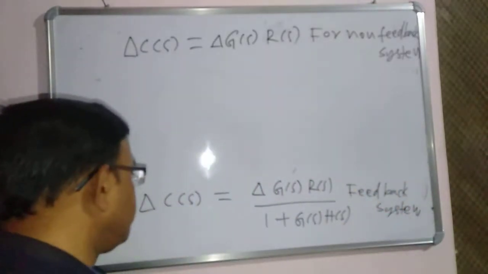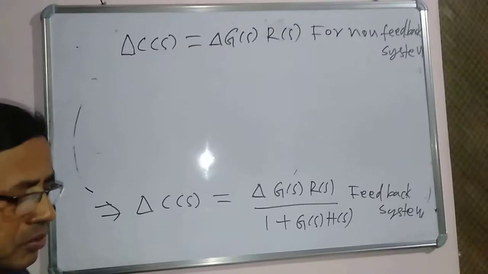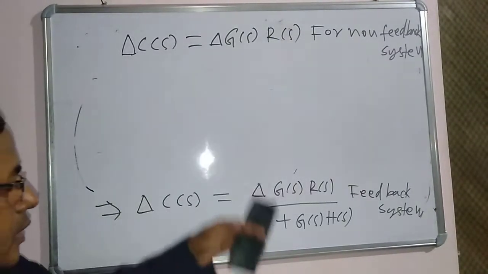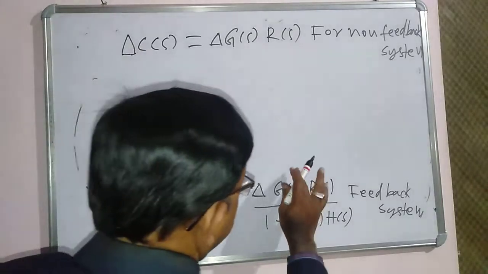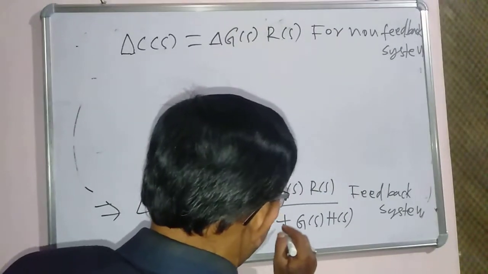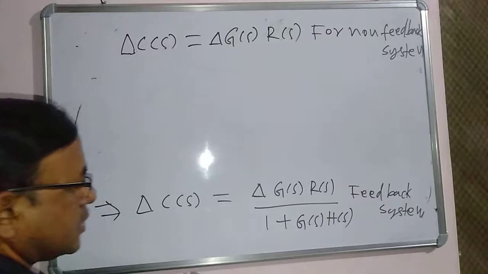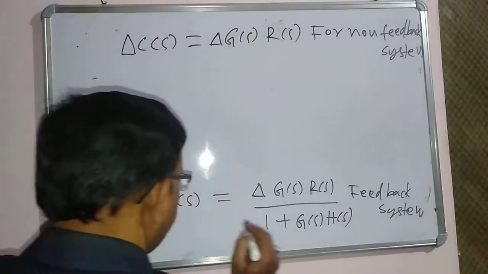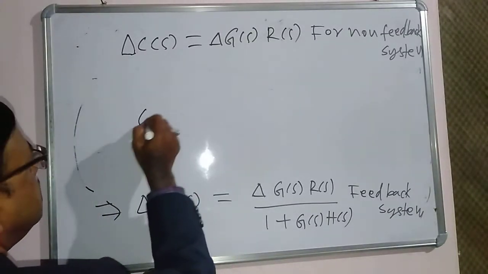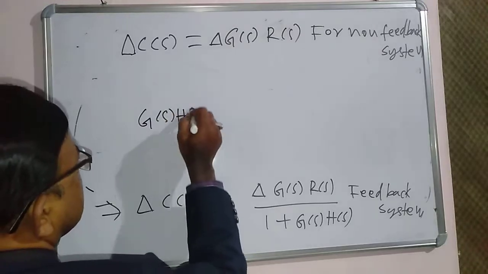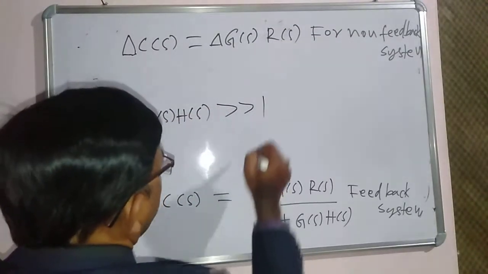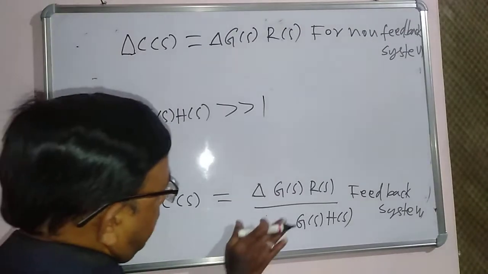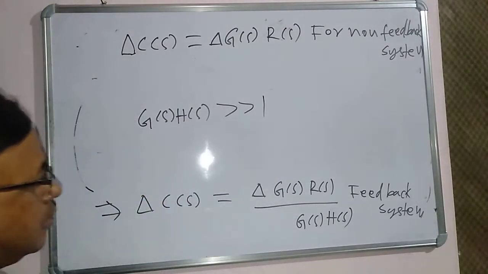Therefore, if we compare both these terms, left side and right side, this term is divided by a factor 1 plus G S H S, but practically G S H S is much greater than 1. Therefore, we can neglect this one.